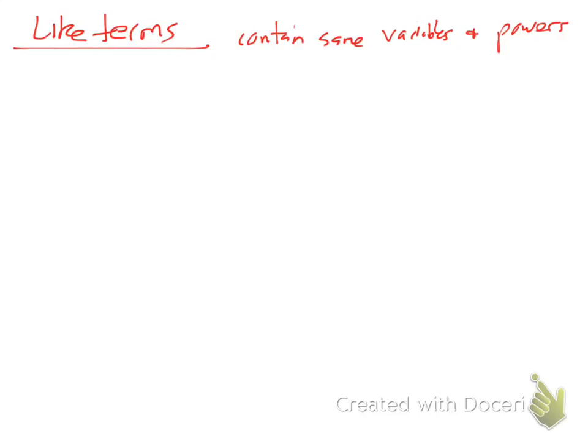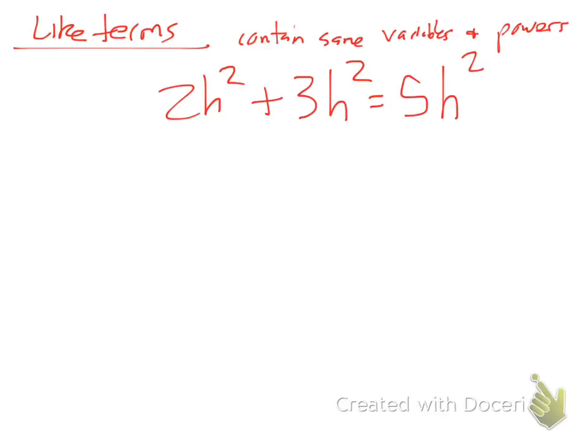Hence, if I had something like 2h squared, I can add that to 3h squared because they're dealing with h squareds. 2 of something plus 3 of something is what? 5. We're adding. So they're 5 of something. What was the something we're talking about? They were h squareds.